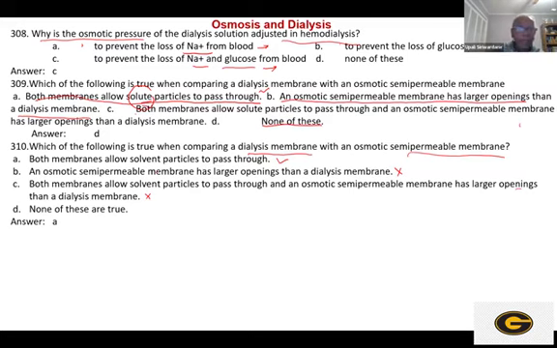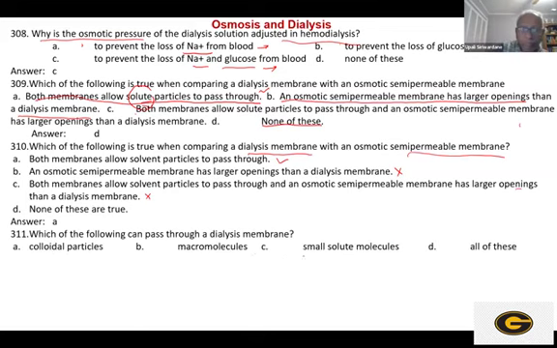Which of the following passes through a dialysis membrane? Small solute molecules. Macromolecules do not pass through. Colloidal particles, this should be the one. Colloidal particles are larger.